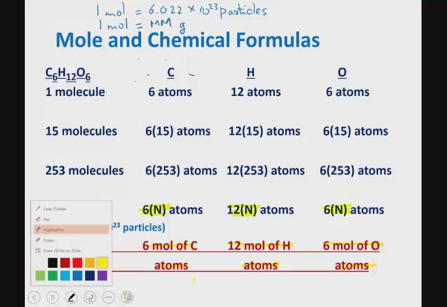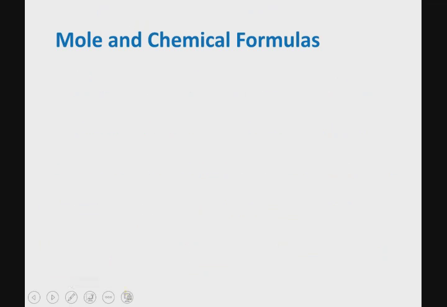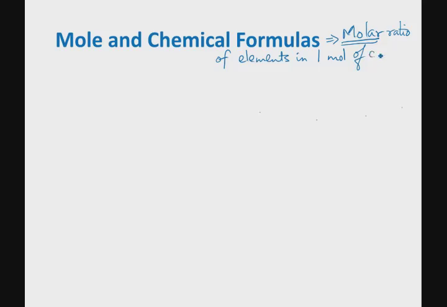So from now on, the chemical formula of every compound gives us the molar ratio, and please, that's the important word there, the molar ratio of elements in 1 mole of the compound that has those elements.